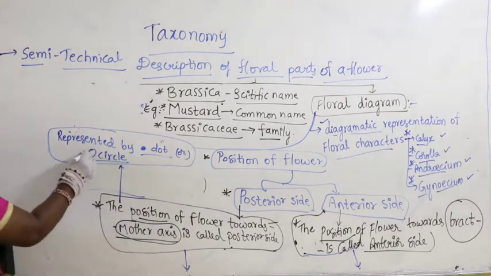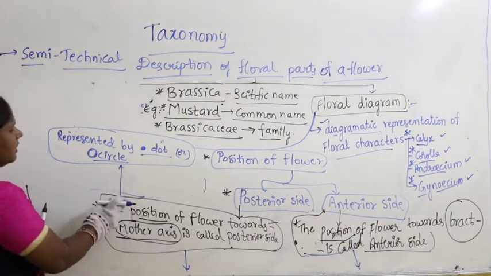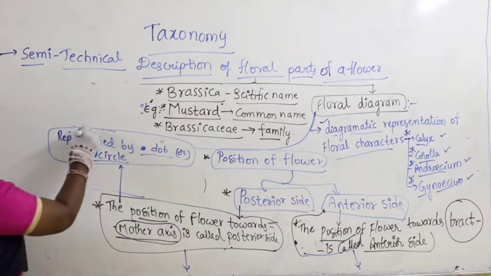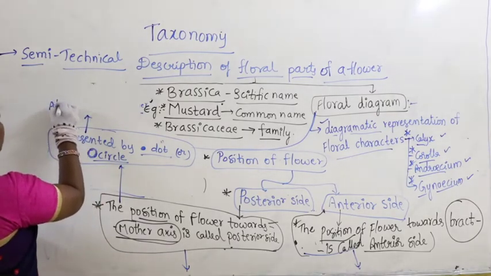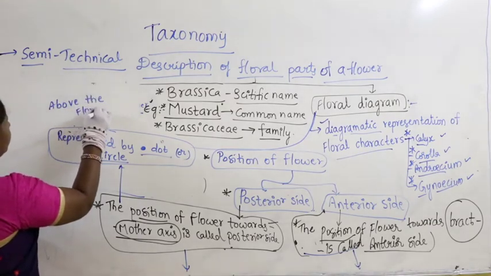So this is a circle. What is represented here? The posterior side is represented by a dot or a circle, above the floral diagram.